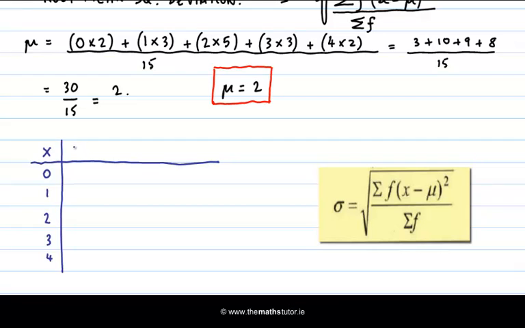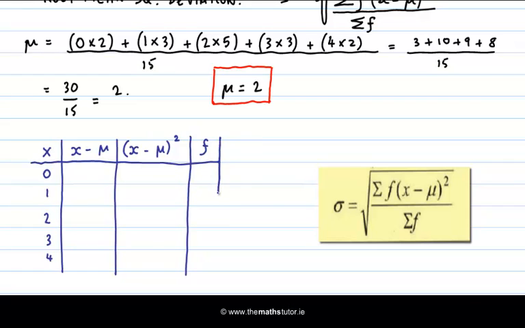In our next column, I'll put its deviation from the mean. In the next column, I will square those deviations. And because each piece of data occurs a number of times, we will put in the frequency. And finally, the frequency multiplied by squared deviations.